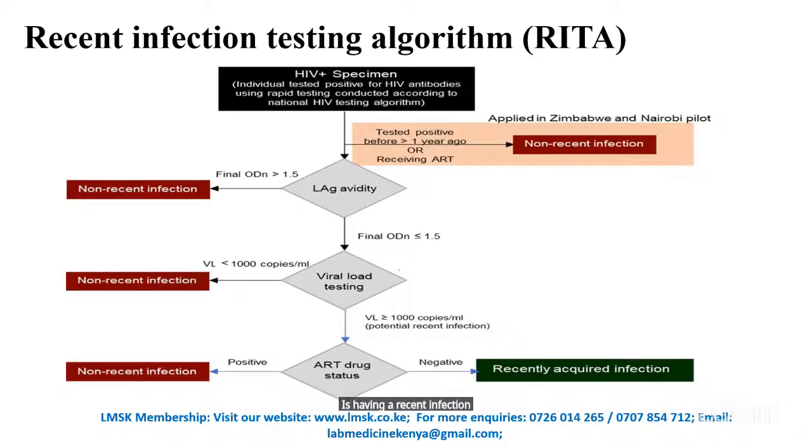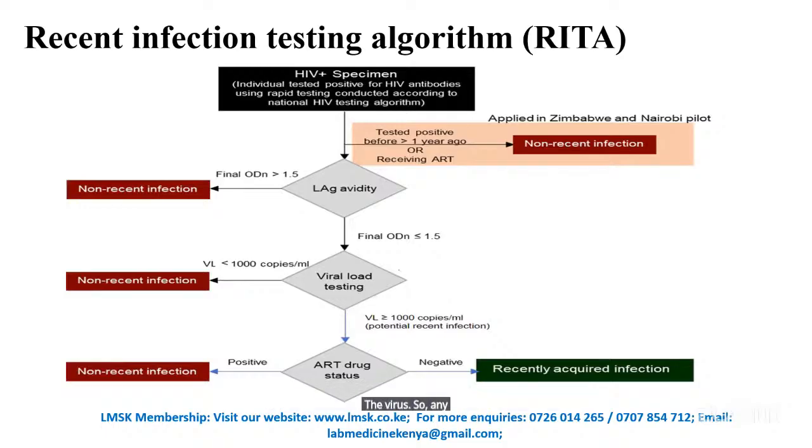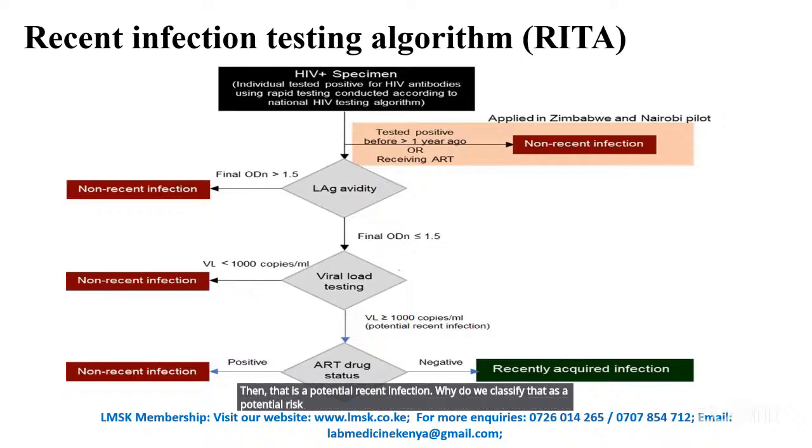So we're going to proceed to the viral load testing. Then on the viral load testing, we are going to look at the copies of the virus. So any sample which is having copies of virus greater than 1,000 copies per ml of blood, then that is a potential recent infection. Why do we classify that as a potential recent infection?